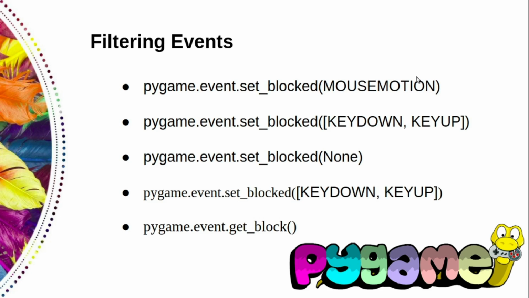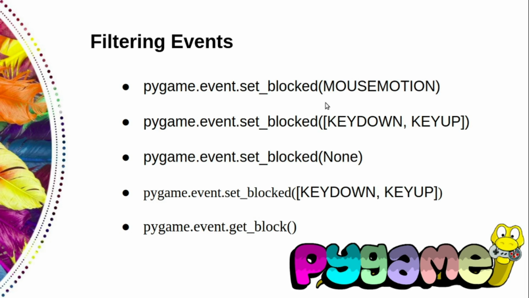We can write pygame.event.set_blocked, and we can pass here MOUSEMOTION. If you pass in a list of event types, all those events will be blocked. So let's suppose I have to disable the key down and key up events.